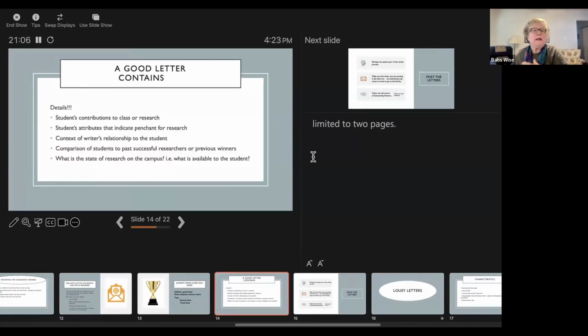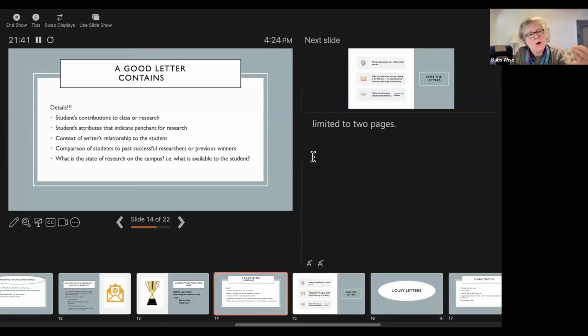From all of my reading of reference letters, what I think is most important about a good letter is detail. You really want to know that the letter writer knows the person, but they need detail, not a whole lot of fluff. Who is the student, and how do you know them? You want their contributions to class.